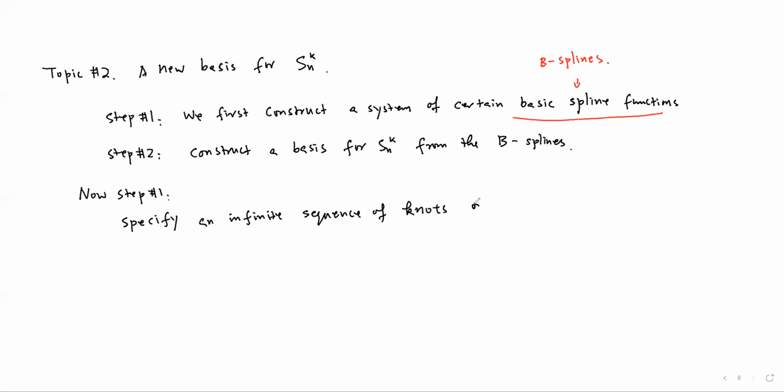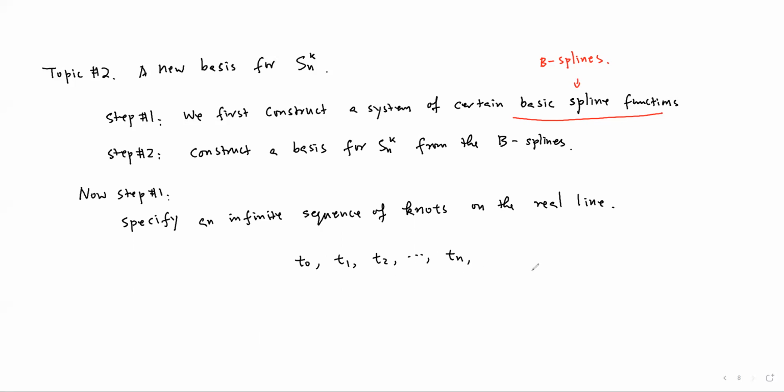Of course, these knots are on the real line, on the x-axis, in increasing order: T0, T1, T2, up to Tn. These n+1 knots we often use.